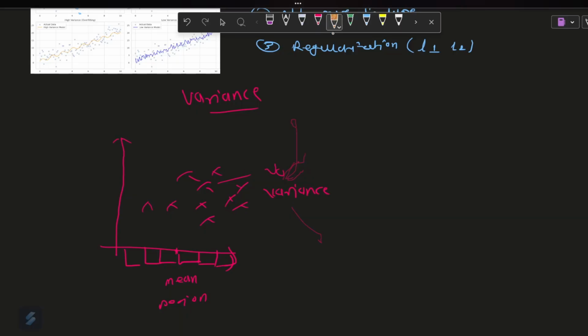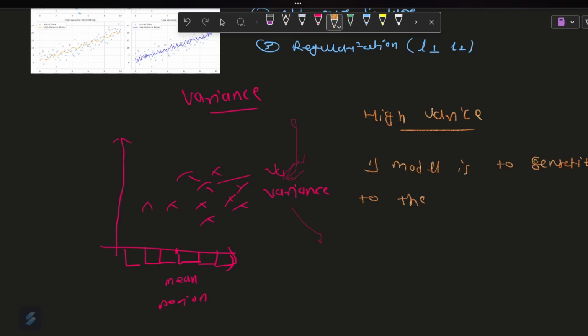For the variance concept, first we go with high variance and low variance. In the high variance case, the model is too sensitive to changes in the training data, right?